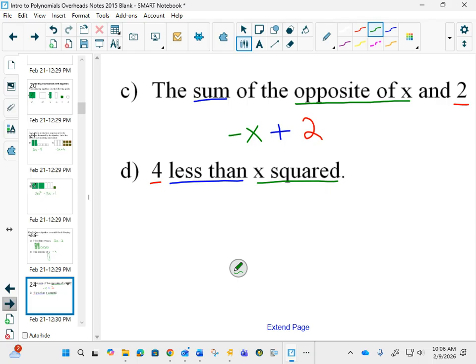Will I do 4 subtract x squared? Or will I do x squared subtract 4? That's true, x squared subtract 4, because it's 4 less than the x squared. So the x squared would be first. And then we would subtract 4. Okay, draw the Algetiles for these ones.